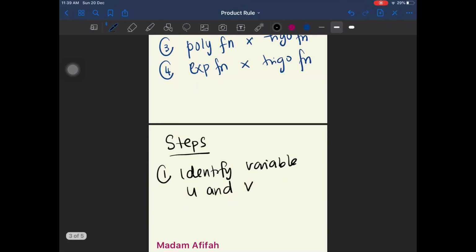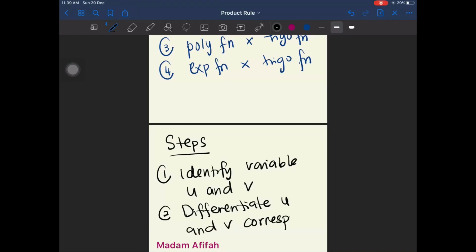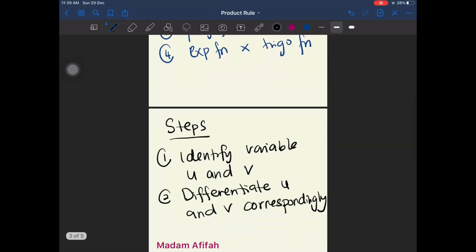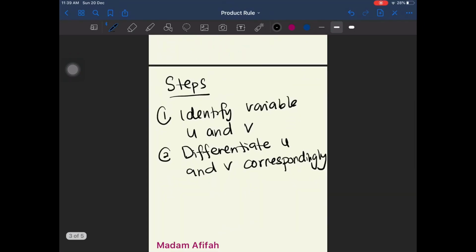The second step, you need to differentiate u and v correspondingly. You differentiate u with respect to x, and you differentiate v with respect to x. Then you can find your y prime by using u v prime plus v u prime.